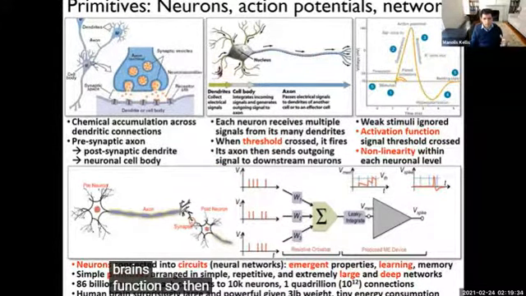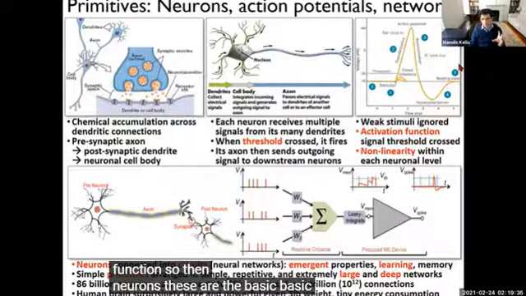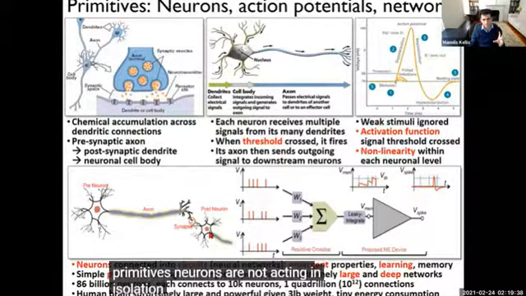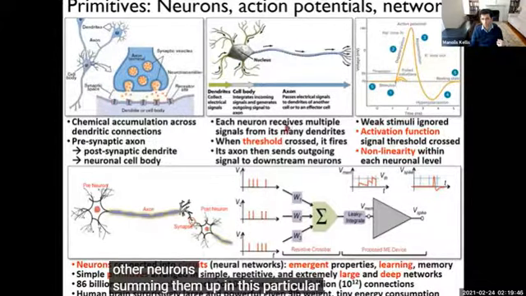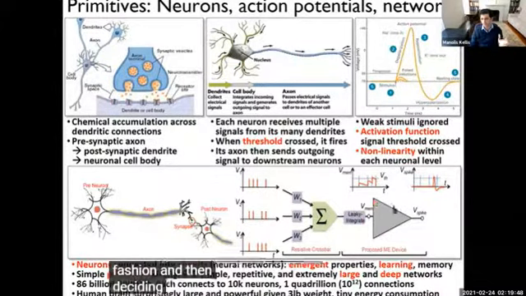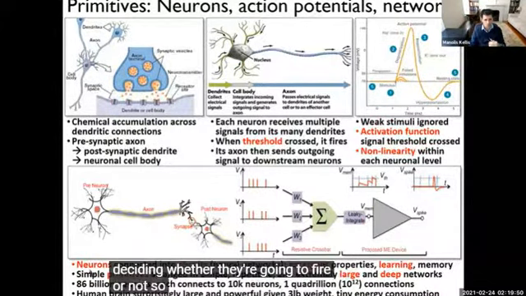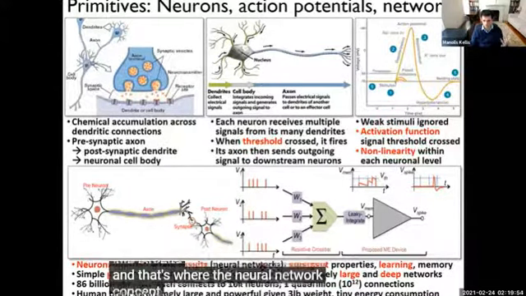So then neurons, these are the basic primitives. Neurons are not acting in isolation. They're connected into networks. And these networks are receiving input from multiple other neurons, summing them up in this particular fashion, and then deciding whether they're going to fire or not. So the neurons are connected into circuits, and that's where the neural network concept comes in.